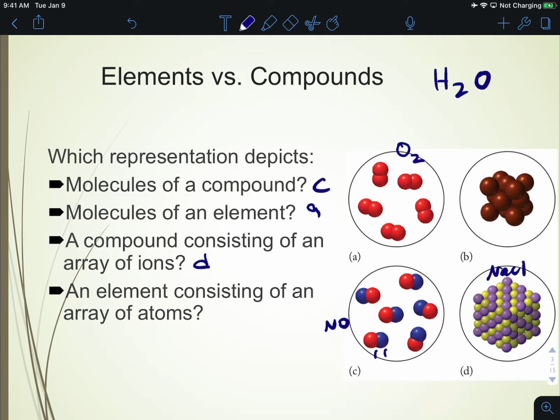And then you have an element consisting of an array of atoms. This could be something like iron. Fe is iron. That's an E, not a C. Those would be the atoms in an array for an element. Okay, so it's important that you can kind of distinguish between those.